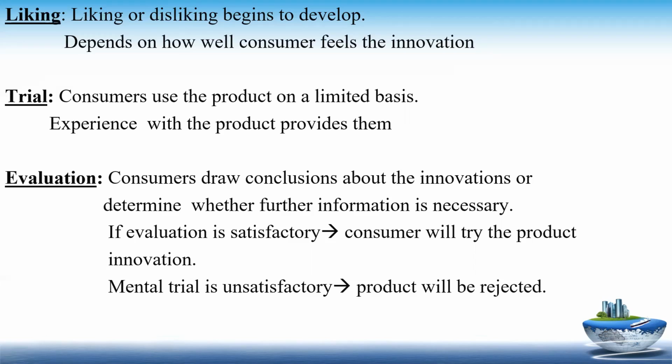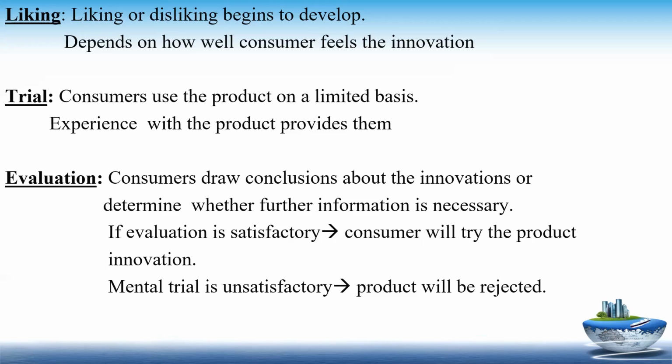Then consumers draw conclusions about the innovation or determine whether further information is necessary. If the evaluation is satisfactory, meaning the experience when they tried the product in the trial step was satisfactory, then they will go for the product or accept the innovation.